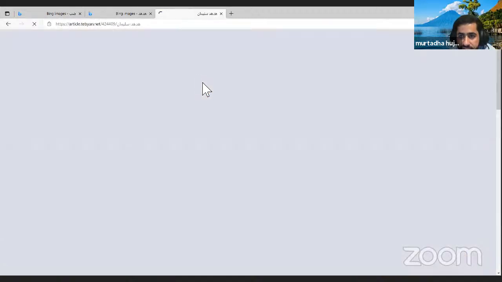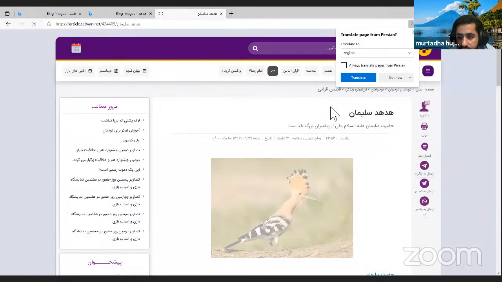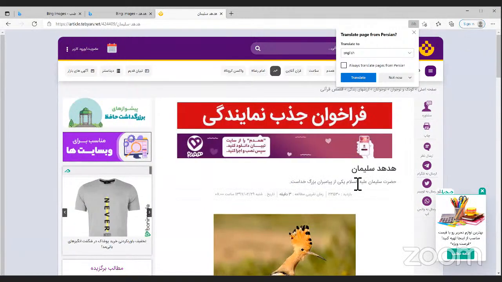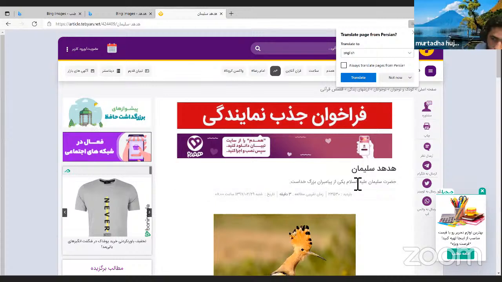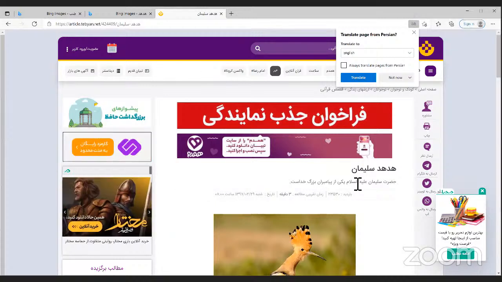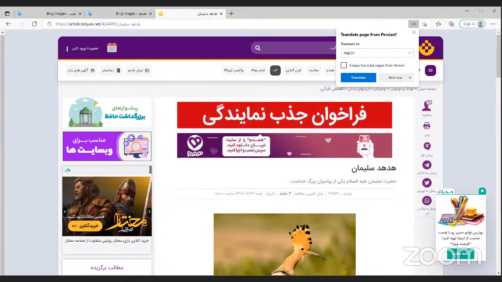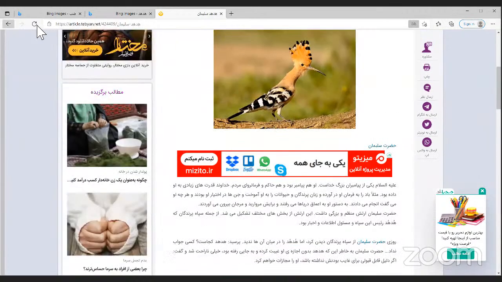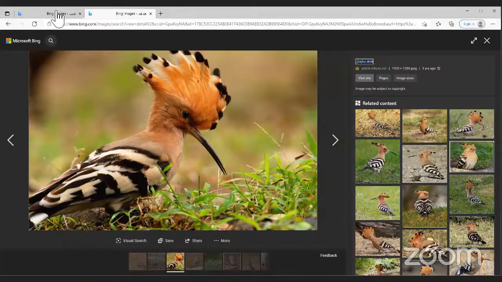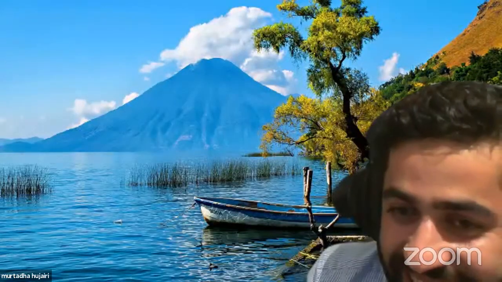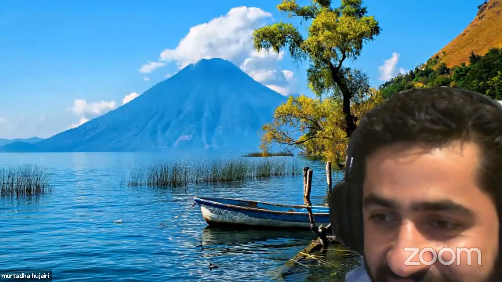Read what it's saying. Stefan, Hudhud Sulaiman. Sulaiman is the prophet at the time of Balqis. He talked with her through the Hudhud. So this is some kind of messenger bird. Yes, a very godly bird.